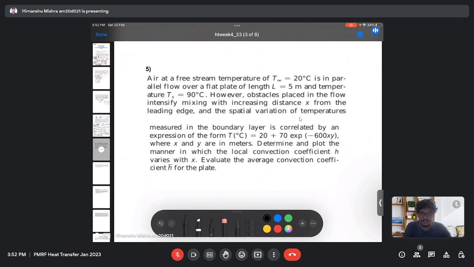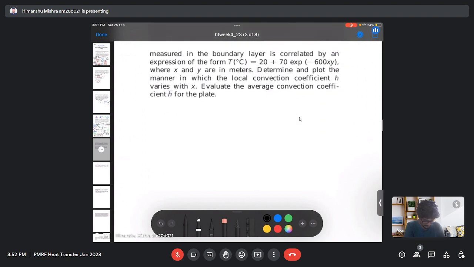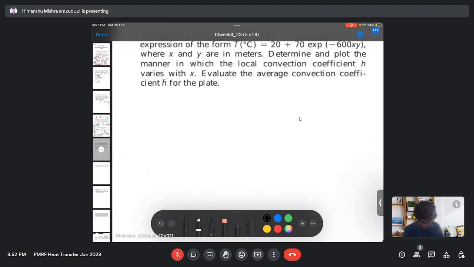Now determine and plot the manner in which the local convection coefficient h varies with x. Evaluate the average convection coefficient. So this is again a similar problem. Here we have been given the temperature profile instead of a local heat transfer coefficient. So now we have a boundary layer over the flat plate.